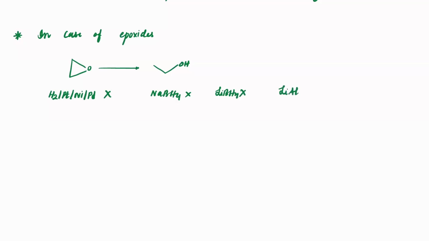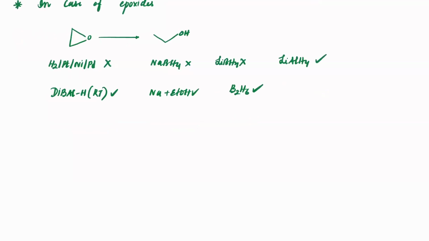LiAlH4 will make a lot of impact. DIBAL-H at room temperature will make an impact. Sodium in ethanol is a good reducing agent. B2H6 can also impact this. So these are the only reducing agents which can convert it into this open chain.